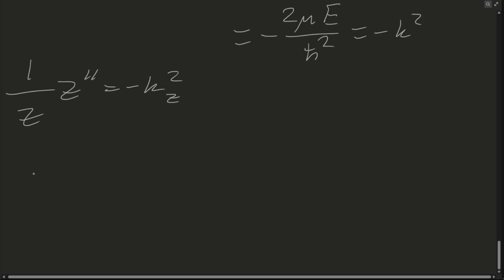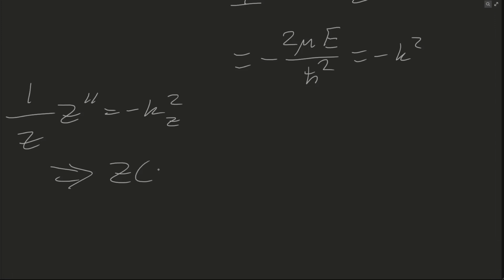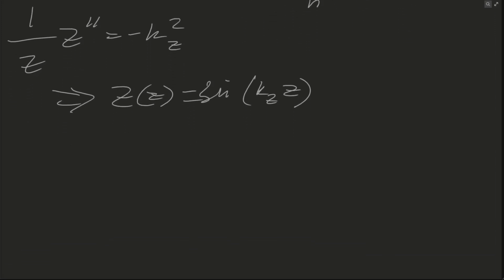You can work it out, but I do know actually, Z of z is equal to sine of k z. So it's just a sinusoidal function, which shouldn't be that surprising, considering it's a basic differential equation. You can find a sort of functional equation, sure.